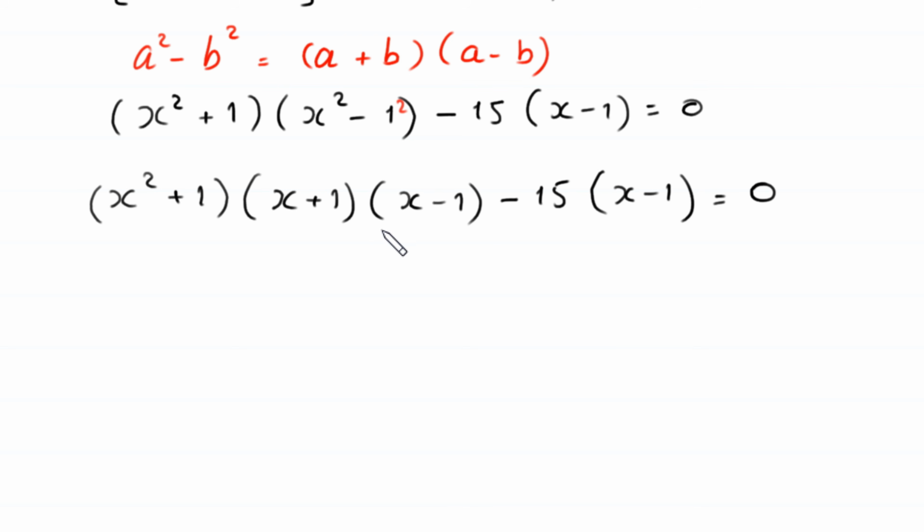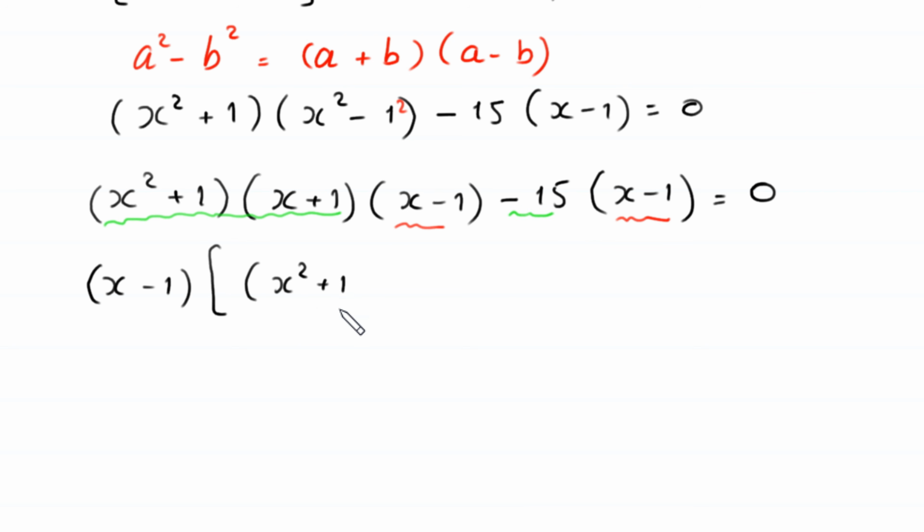Now as you can see, this expression x minus 1 is common, so we factor out this x minus 1 and in bracket left, x squared plus 1 times x plus 1 minus 15 is equal to 0.